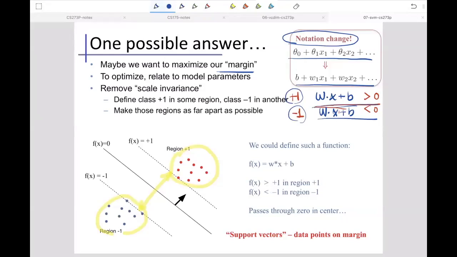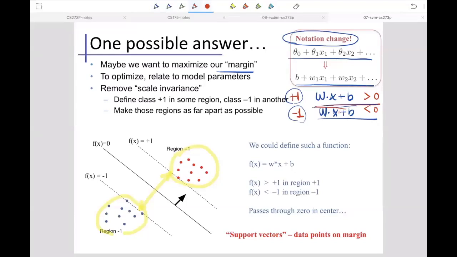So in this type of linear model, there's one thing to note: there's a redundancy in the model. What I mean is this. I have W x plus B. Suppose I double the values of W and double the values of B. Will that change my classifier?